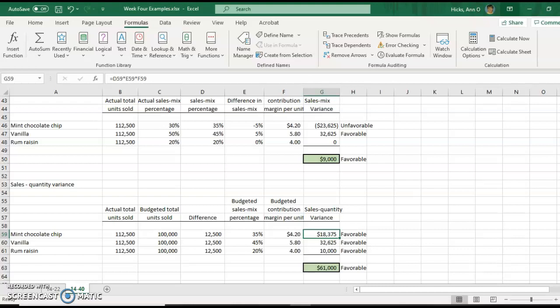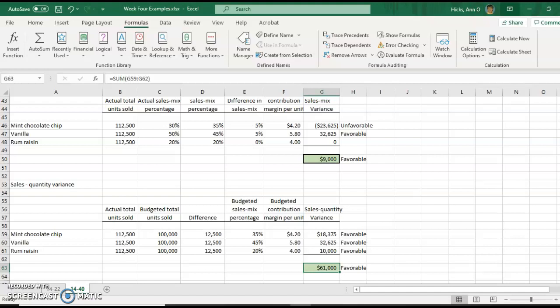And the amount of the favorable variance depends a lot on what the budgeted contribution margin was. So you'll notice vanilla has the highest favorable variance because it had the highest contribution margin and the highest sales mix percentage. And so the end result is that the sales quantity variance is favorable for $61,000.